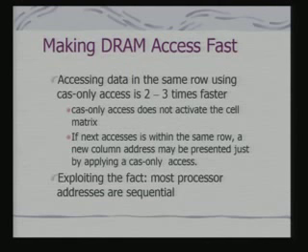If the next access is within the same row, a new column address may be presented just by applying a CAS only access. And this exploits the fact that most processor addresses are sequential. If I am not really executing a branch, I shall be accessing addresses in a sequential fashion, and then I can have a much faster access from DRAM.